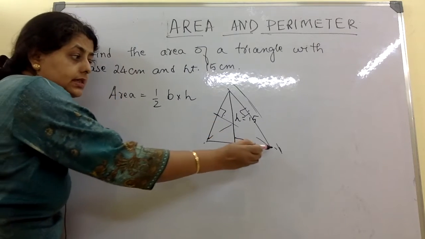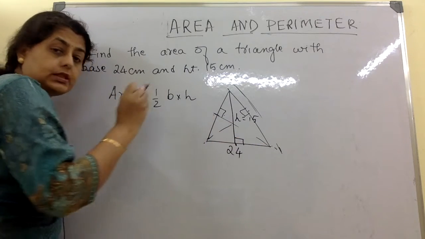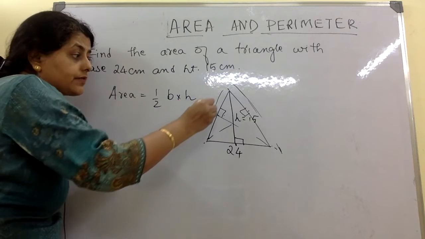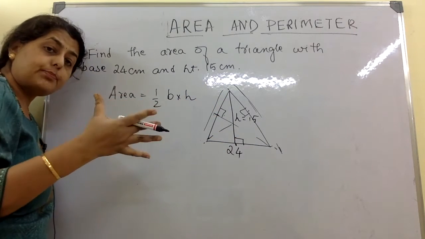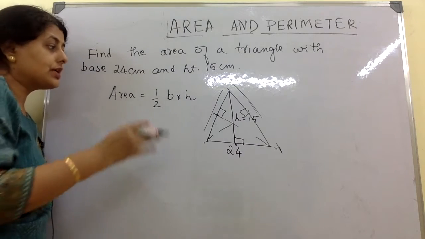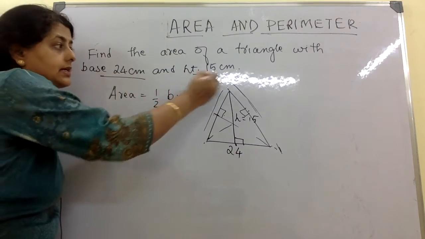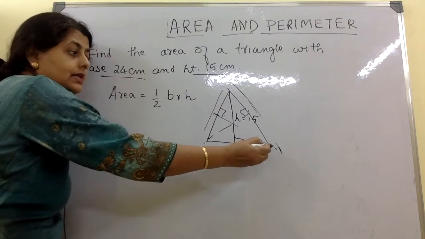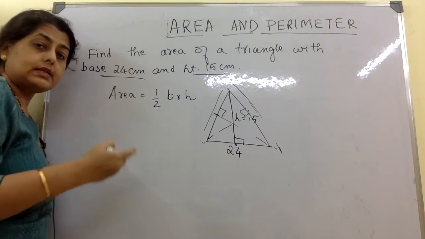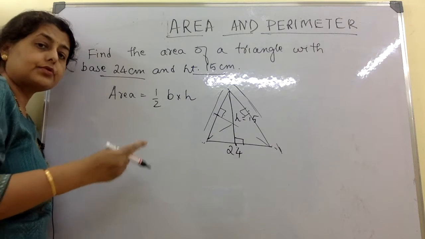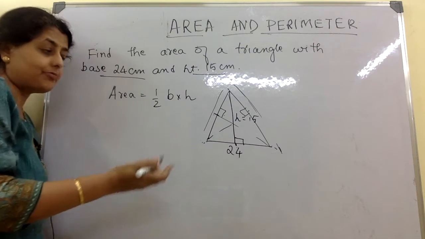If this is the height coming from this vertex to this base, then they should give us this length and the height. So we have 3 pairs of base and height. If they tell us base and height, it means any one height and the corresponding base, so we can apply the formula half base into height.